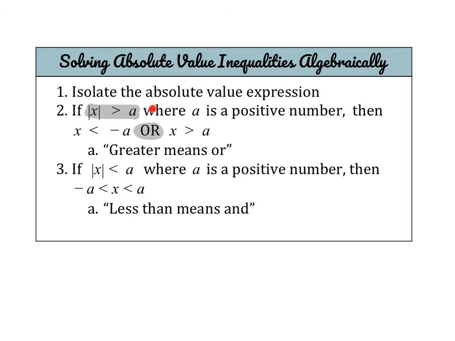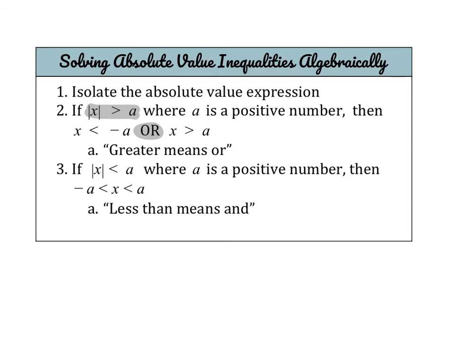So we set up 2 separate inequalities. We set up one which is exactly the same with no absolute value signs, and then we set up an opposite. So notice we have a -a, and when we do that, we also need to flip our inequality symbol. So the way I remember this is when we see greater, think of greater means or.